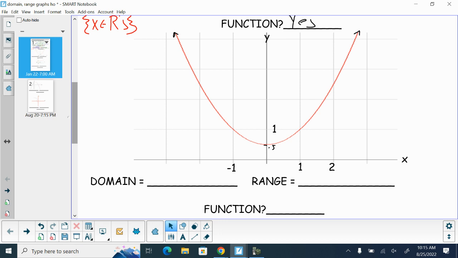What would be your domain? What would be your range? And state whether it's a function or not a function. Check your answer with somebody around you.